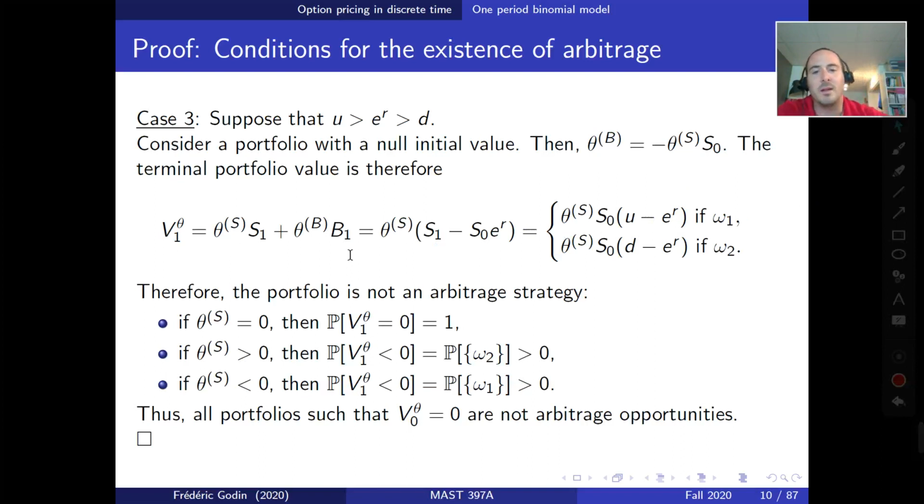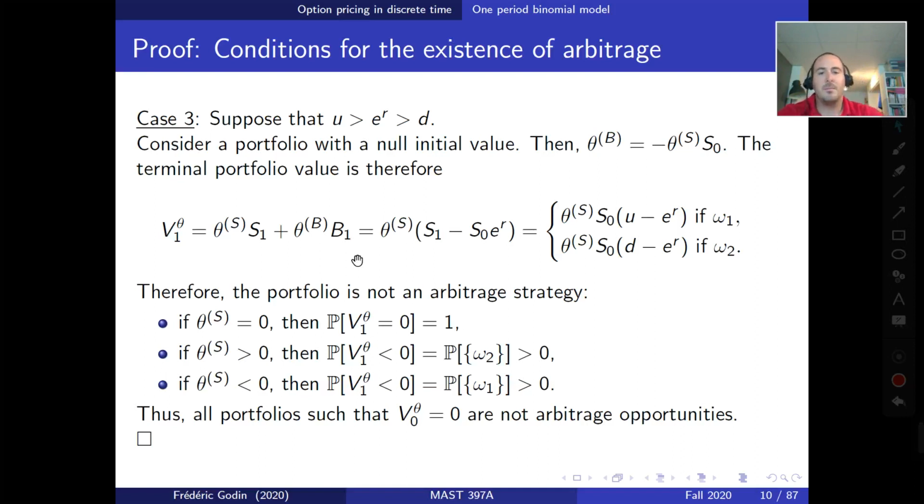But then we can substitute theta B by minus theta S S0. If we do that, we can factor out theta S, and this gives theta S times S1 minus S0 exponential of R. This exponential of R is the value of B1.